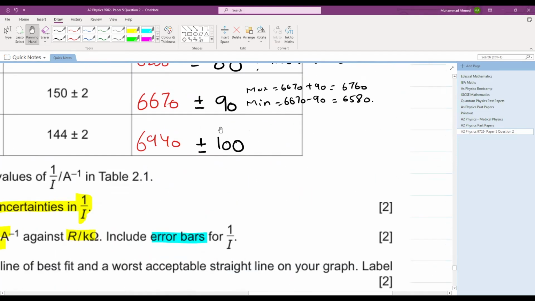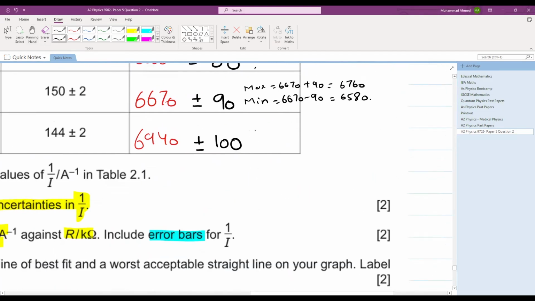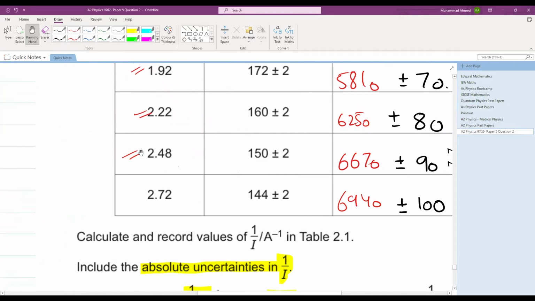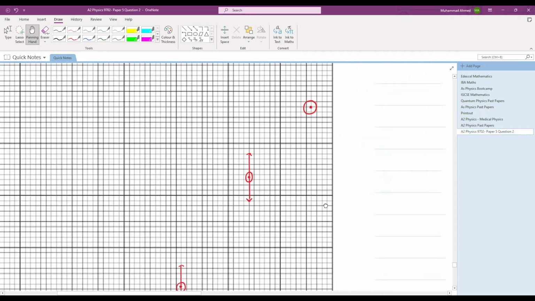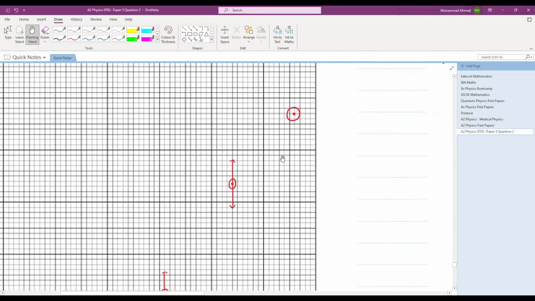See, this is just a laborious task, but it is really easy to draw. Maximum value will be 7040. Minimum value will be 6840. Simple. So let's plot it as well. 6840 will be somewhere here.